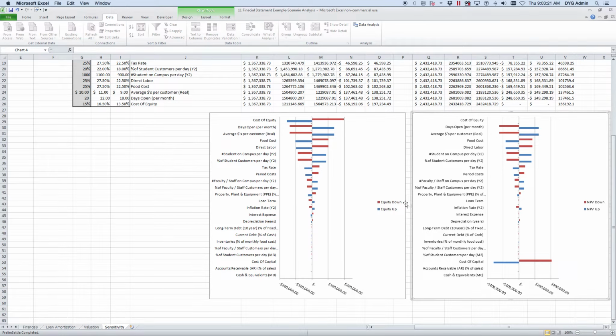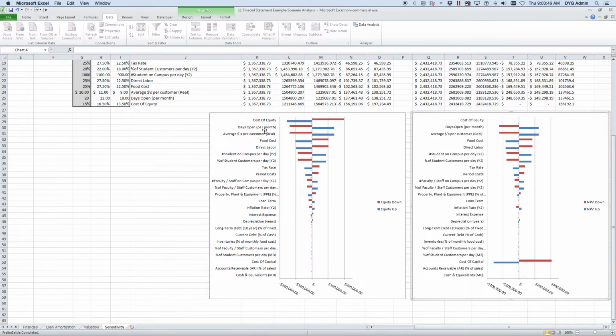So the shift is down, but the value is positive, increased by about $200,000. Whereas if you shift the cost of equity up, the blue says you're shifting up, it reduces the value of your equity by about $150,000. So it's not perfectly symmetrical, not something that you would necessarily be surprised with.